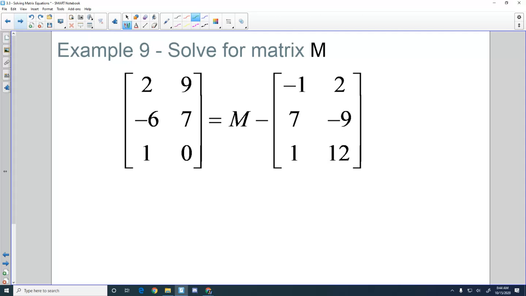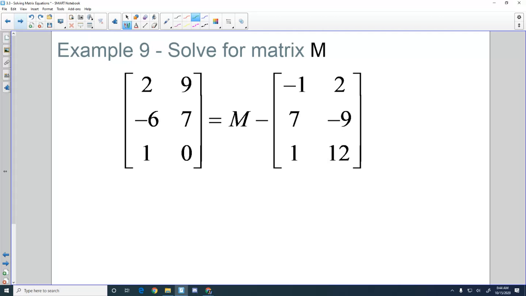Go ahead and write this equation down. This is a matrix equation now. A 3x2 matrix equals M minus another 3x2 matrix. And your task is to solve for matrix M. So some matrix minus the one on the right equals the one on the left.